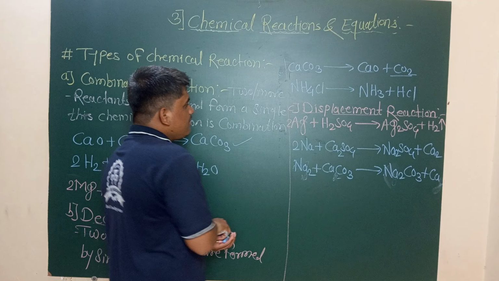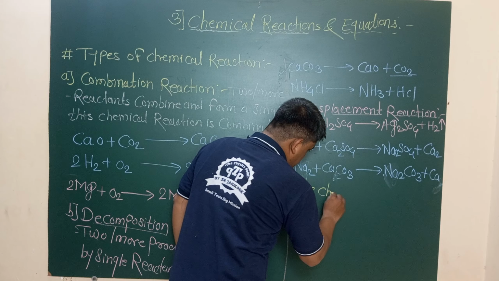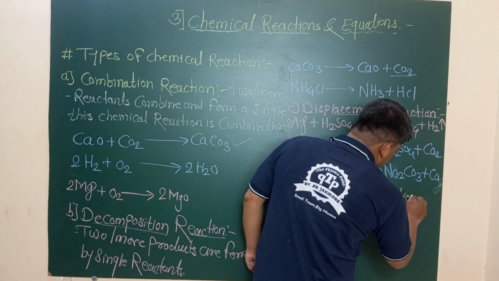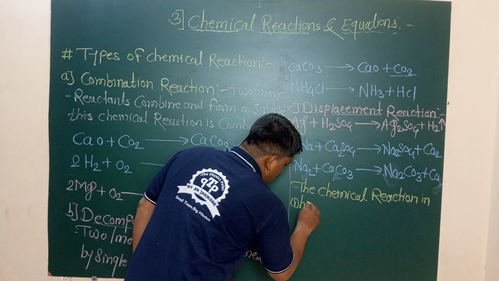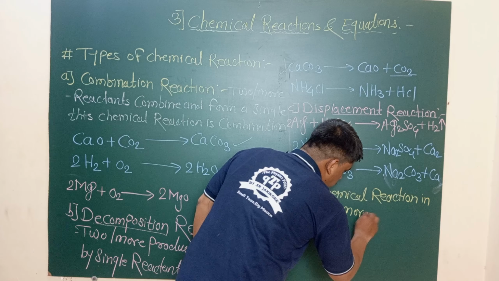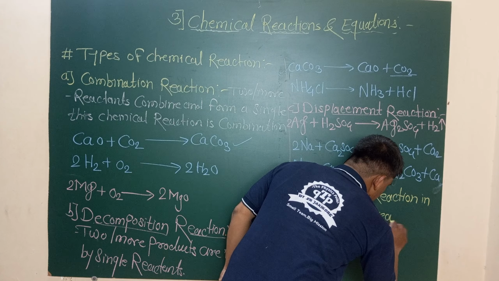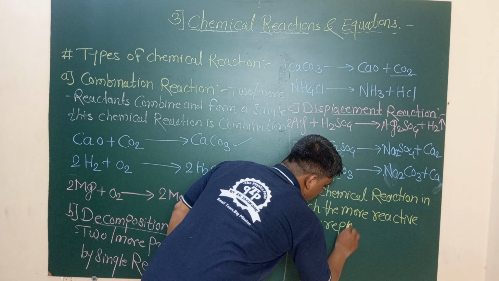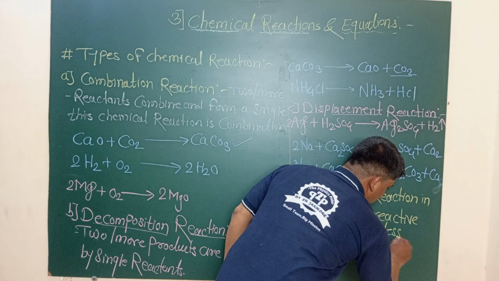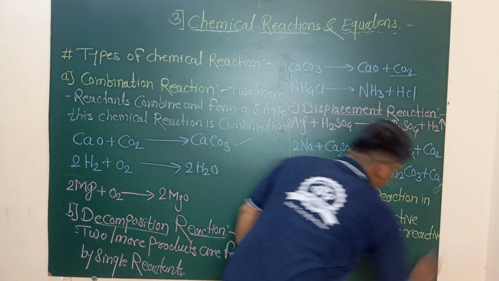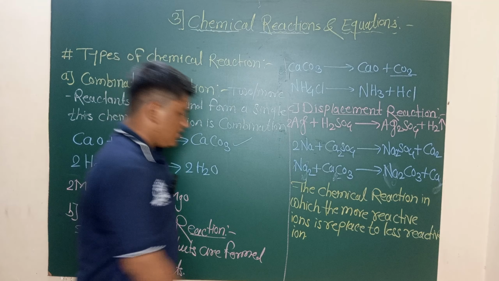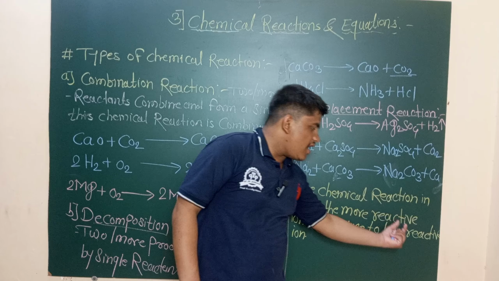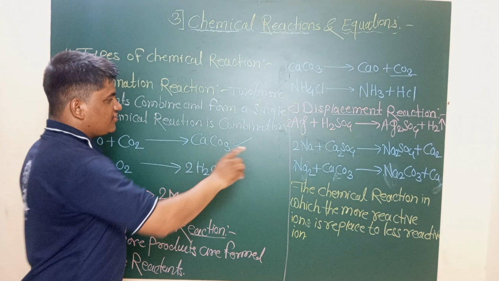The definition: a chemical reaction in which the more reactive ion replaces the less reactive ion is called a displacement reaction.